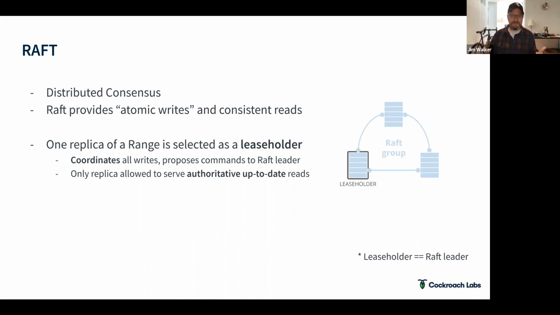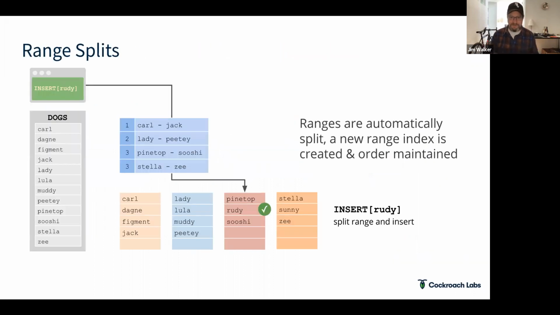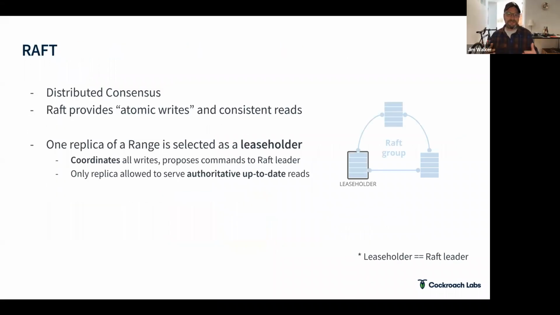What it's ultimately doing is creating these things called replica sets. Remember before I had these 4 ranges, when we physically write these ranges to disk, we're going to actually write them 3 times. Each one of those is an exact replica. The 3 of them together is a replica set, and Raft manages these replica sets.